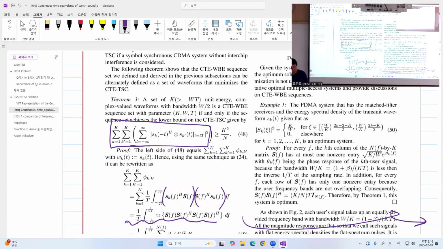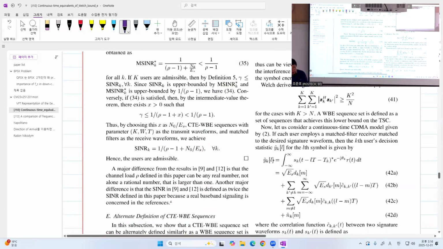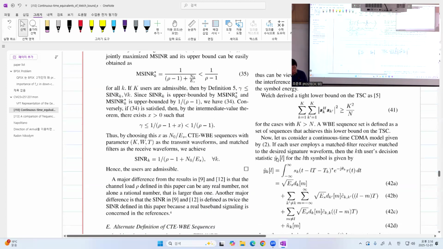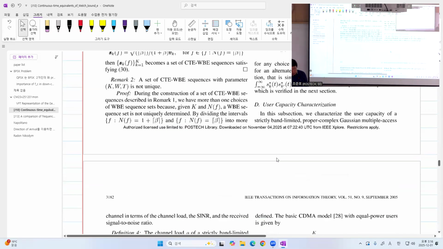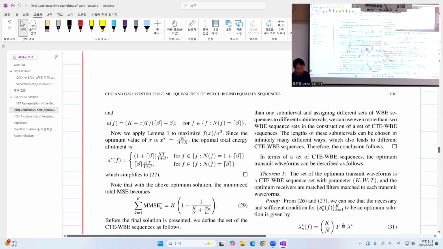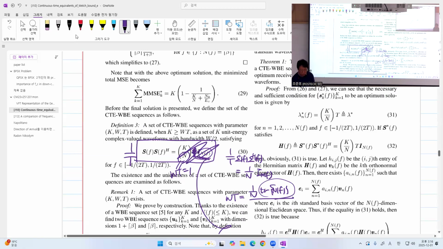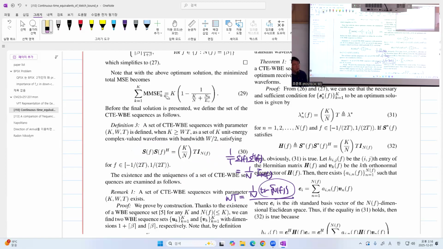What we have is this one. Our vectorized Fourier transforms must satisfy this condition. Got it?